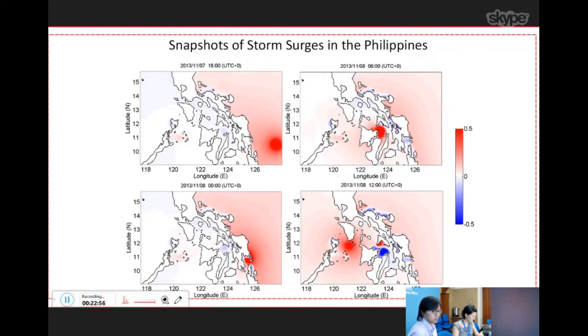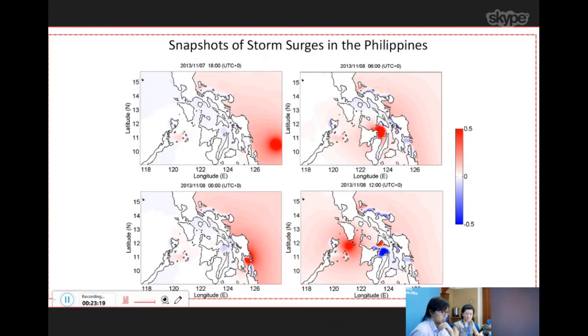From some snapshots of the storm surge in the Philippines, you can see details of the storm surge propagation as the typhoon passes. Before, when in the center, the water elevation rises directly because of the pressure gradient. Then along some coastlines, the surge is generated because of the wind shear stress.